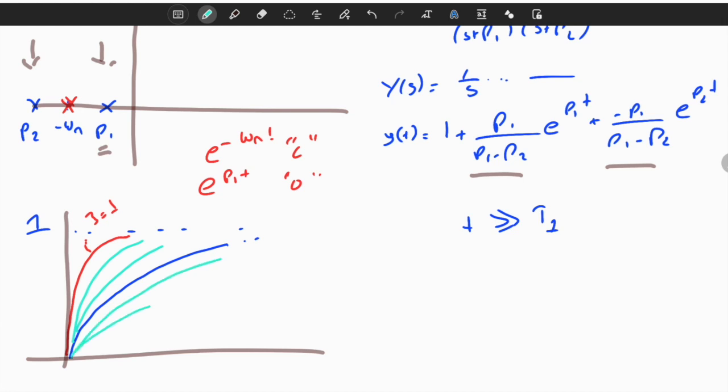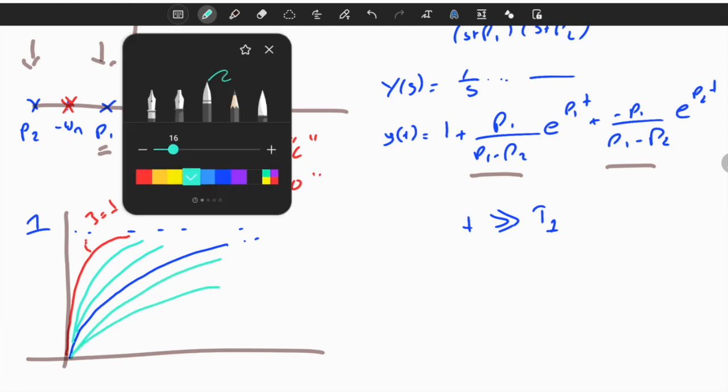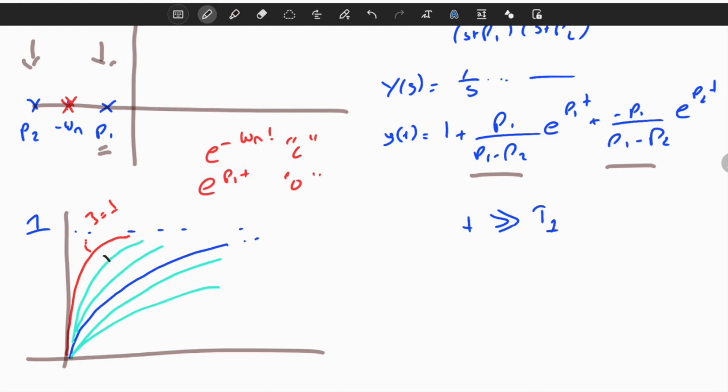In this direction, psi is increasing. So what does it mean? If I am in the overdamped region, including the critically damped case, and you increase your damping ratio, it means that you will slow down your system. So it's kind of a bad thing, right?